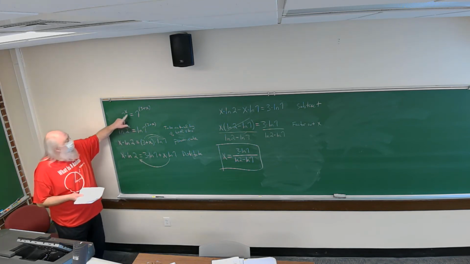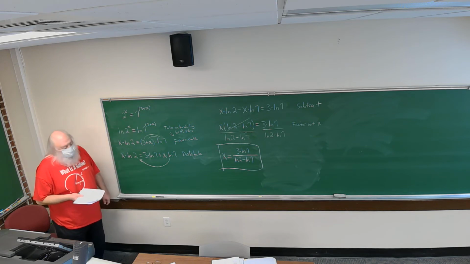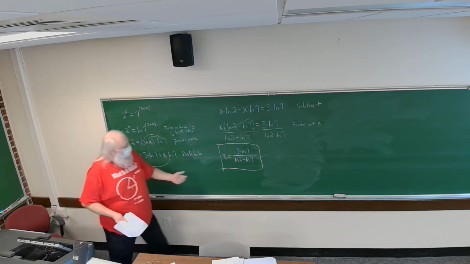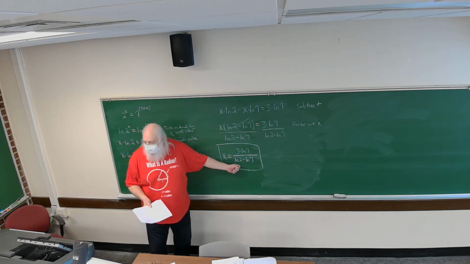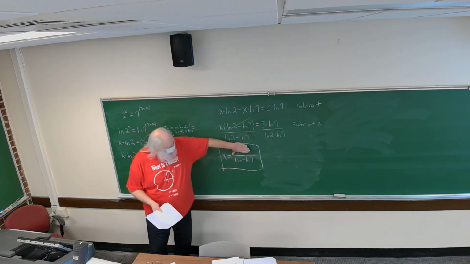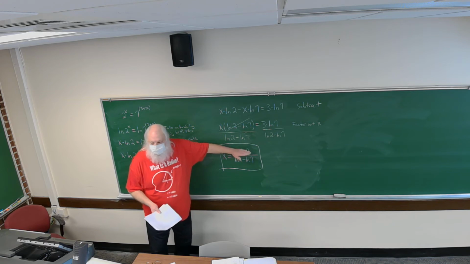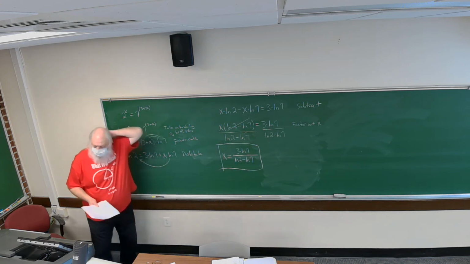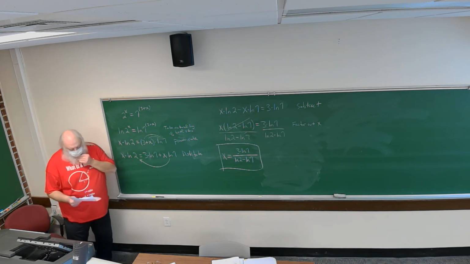Okay? That's what you put in for x over here. That's the exact solution. Now, if you're asked for a decimal answer, this is when you get out your calculator. Calculate the value of the numerator, calculate the value of the denominator, divide the value of the numerator by the denominator value to get your decimal answer.